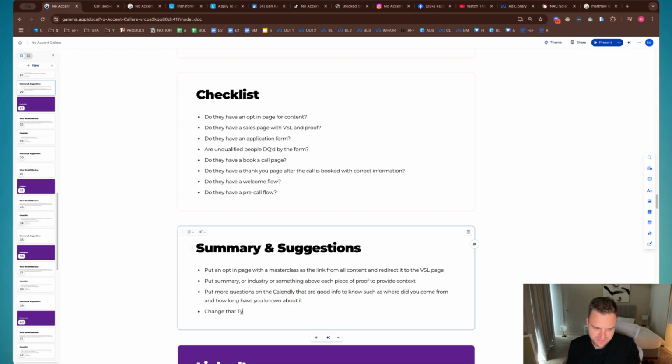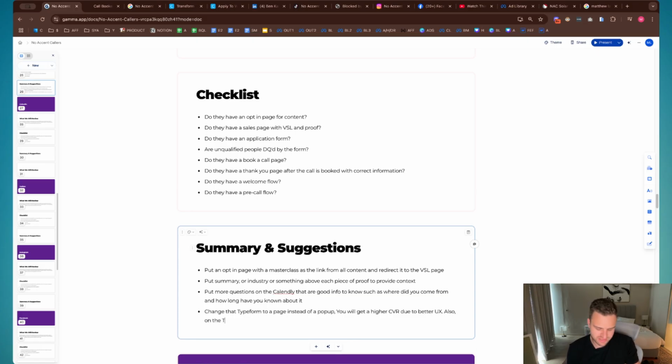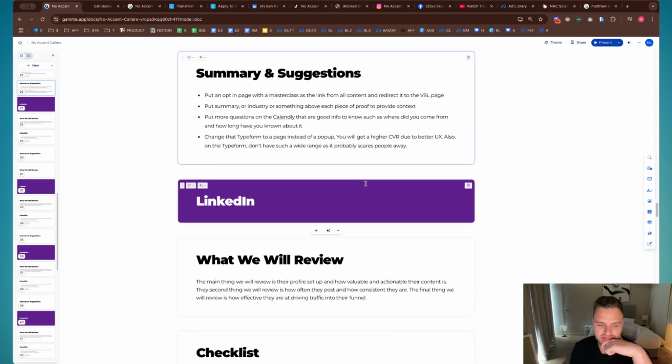Change that Typeform to a page instead of a pop-up. You will get a higher conversion rate due to better user experience. Also, on the Typeform, don't have such a wide range as it probably scares people away. That's what we would say to here.